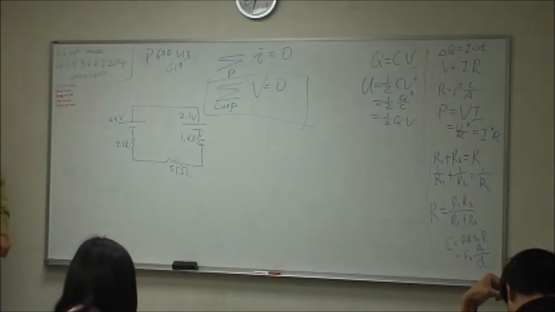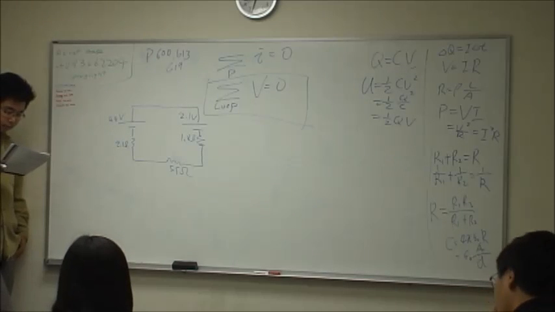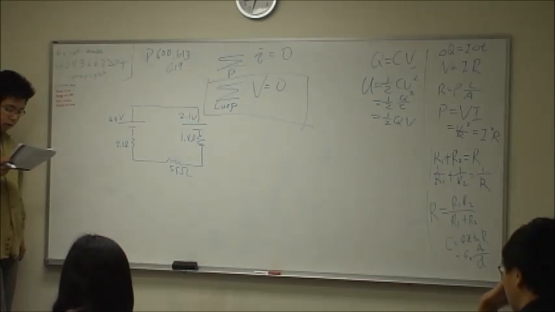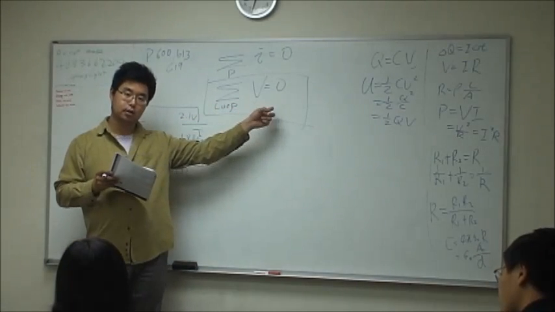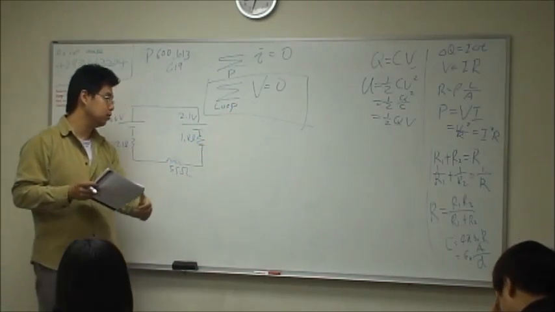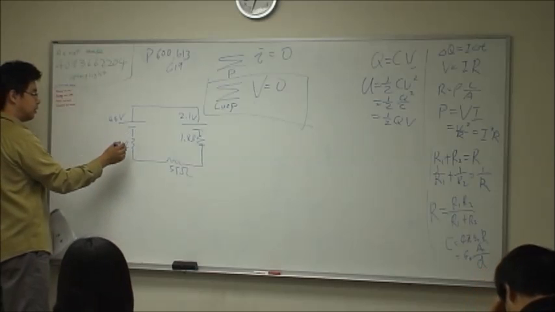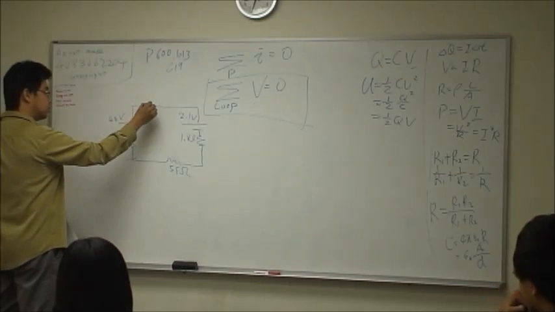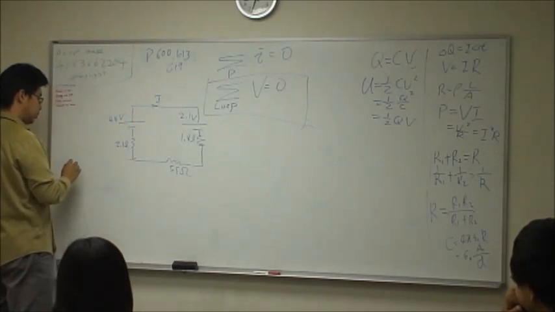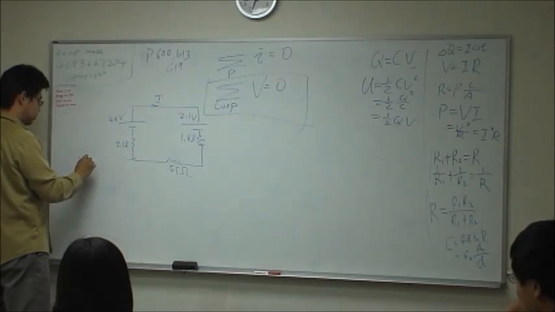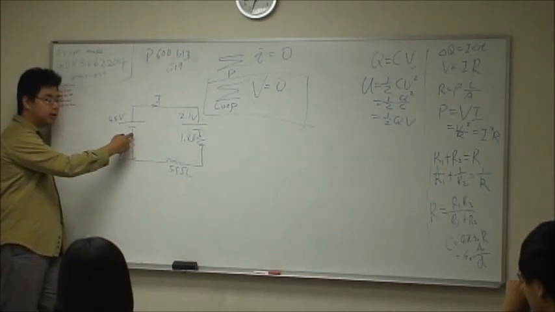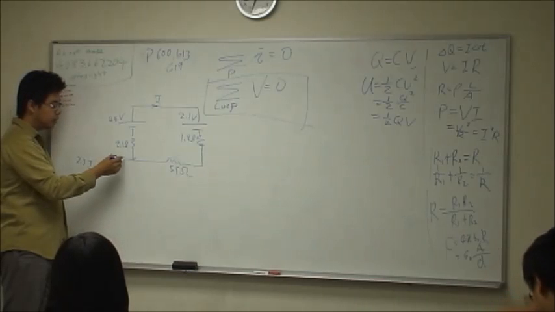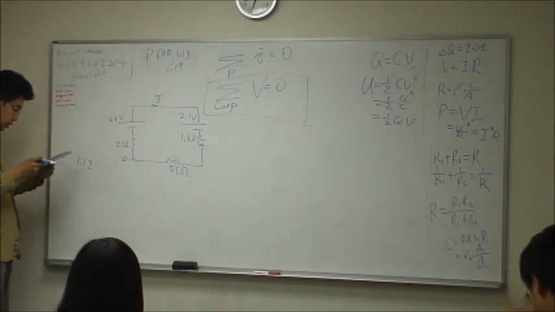Okay, the circuit is quite complicated, with too many things. However, the equation is really simple. It's just that the sum of the voltage is equal to 0 during the whole loop. Let's say we go through here, and we assume the current goes this way. So first it's 2.3 times I, and it will go up, right? The current will go this way. Say this is 0, so this should be negative.